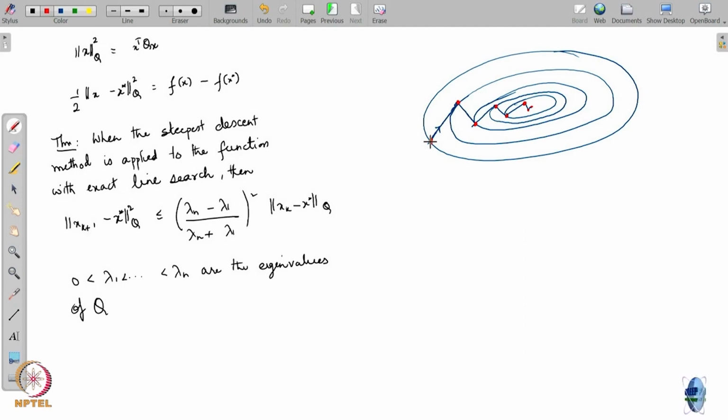It is starting from this particular contour. This is the point x 0. From here, it goes in the direction of steepest descent. It keeps going till it can minimize the function along that direction. That minimum gets attained at the second point here. So, this is point x 0, this is point x 1.